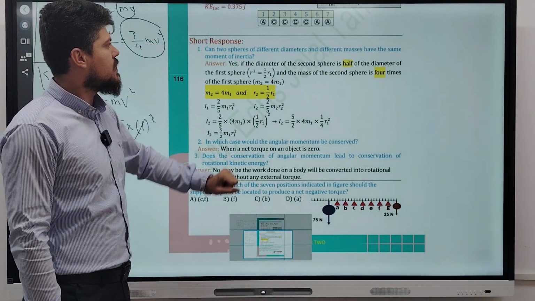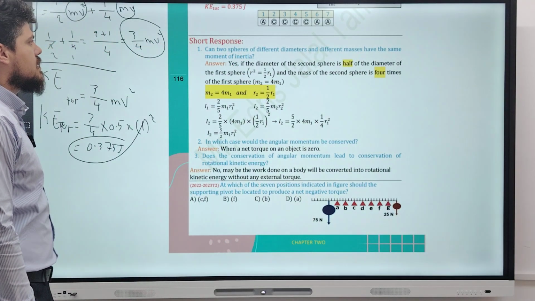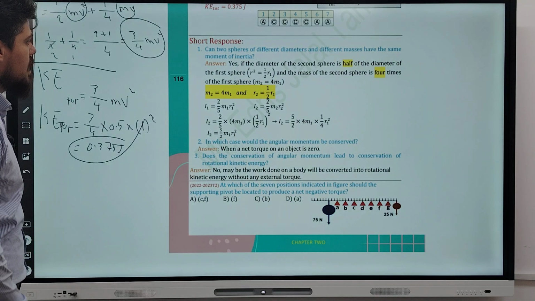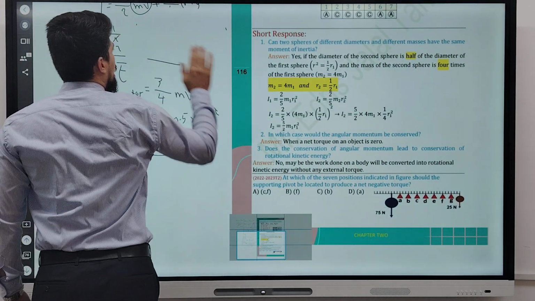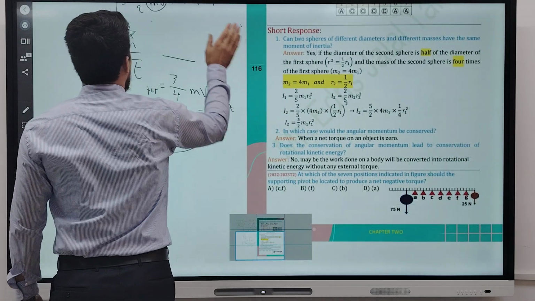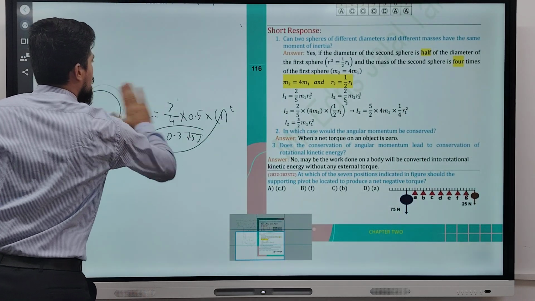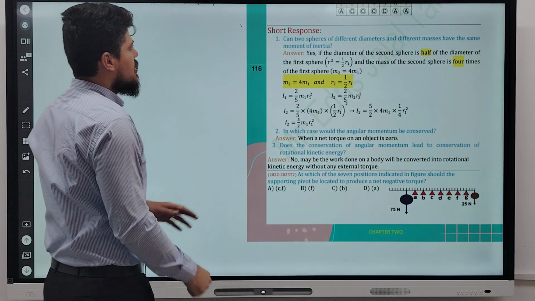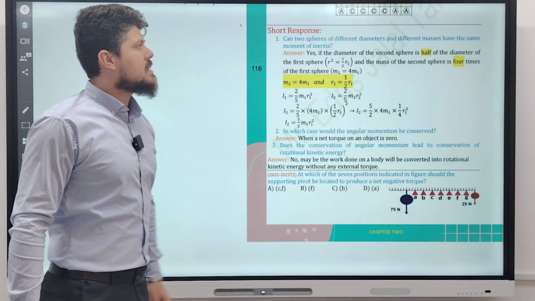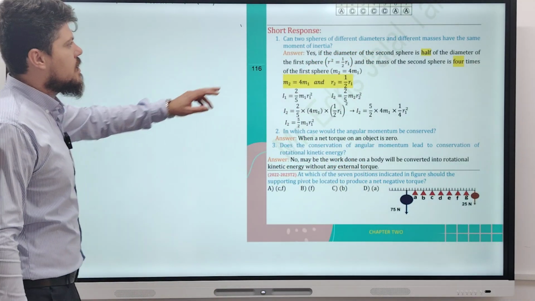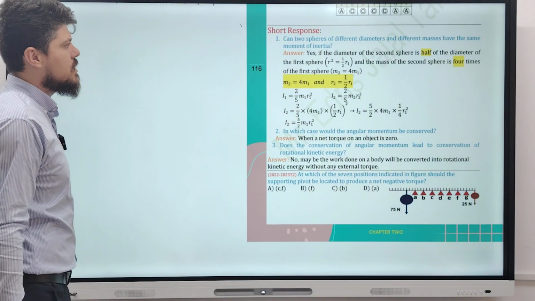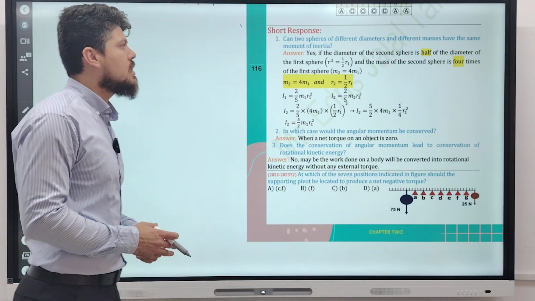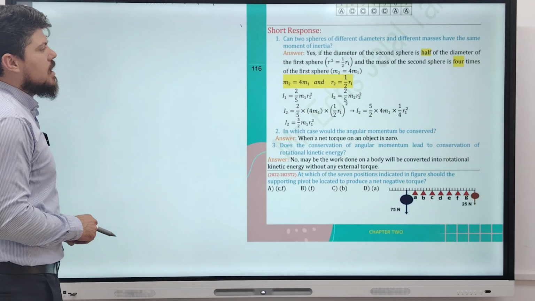Can two spheres of different diameter and different mass have the same moment of inertia? Yes, of course. When does this happen? It's very important. Yes, if the diameter of the second sphere is half of the diameter of the first sphere and the mass of the second sphere is 4 times that of the first sphere.